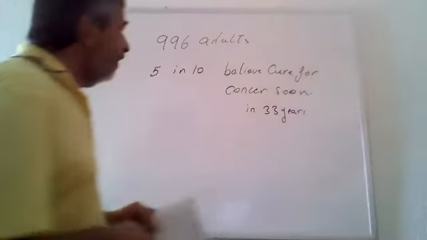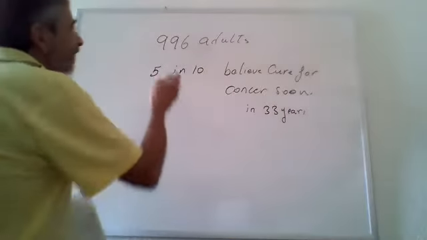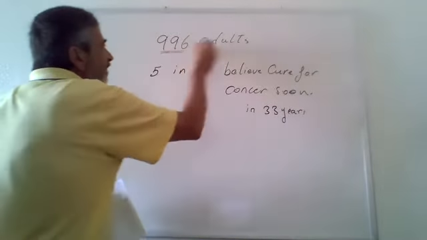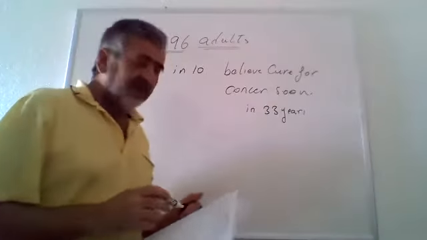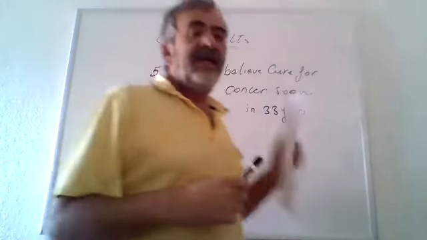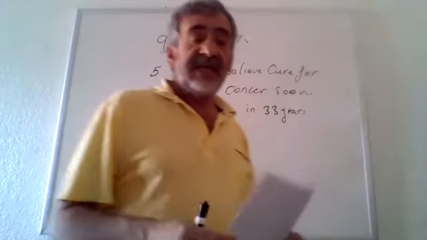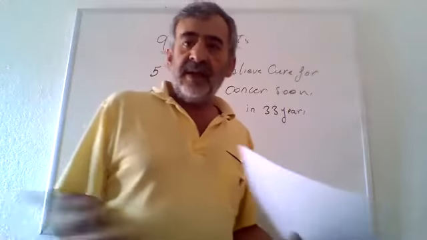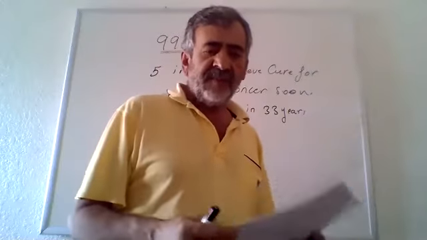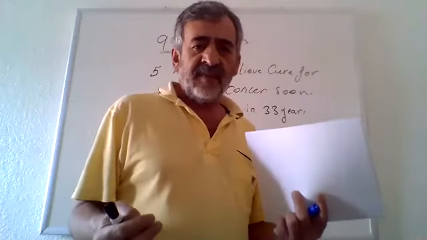In this case, notice that the sample picked was 996 adults. So really, my population has to be the adults in whatever population I'm talking about. Does that make sense? Yes, sir.